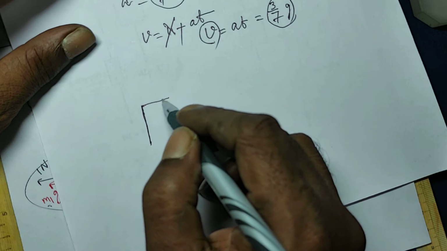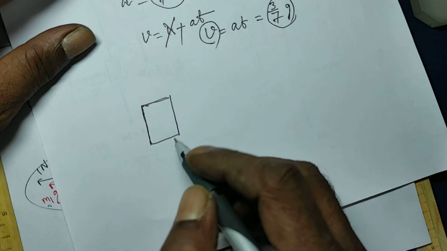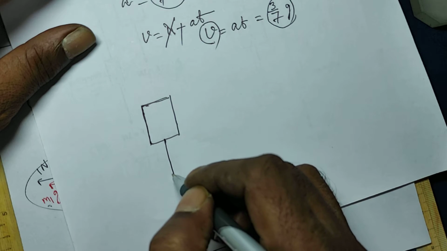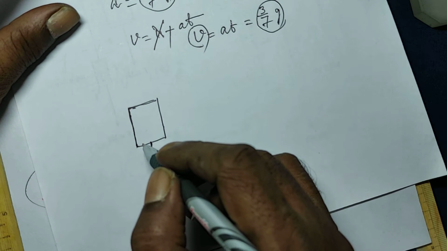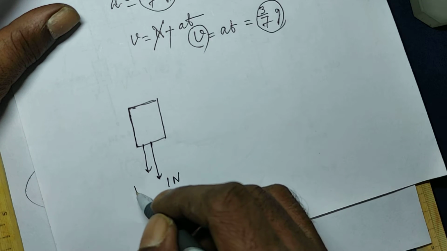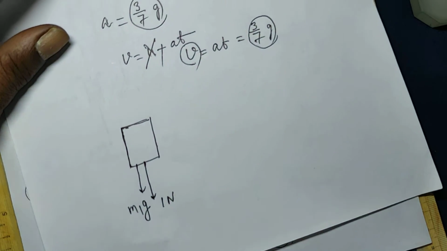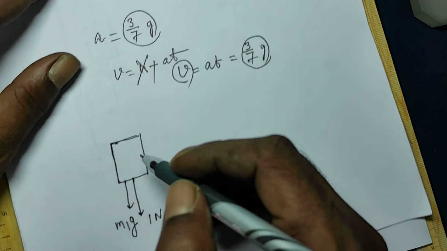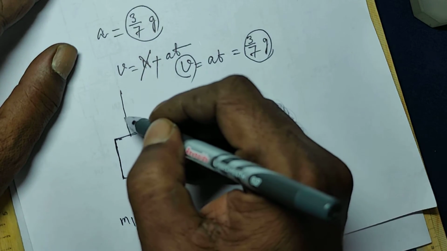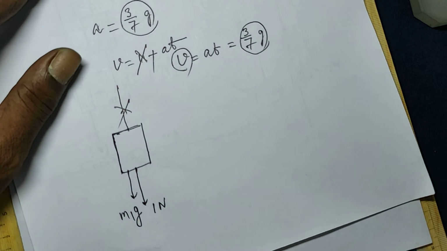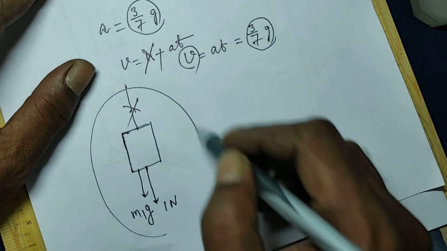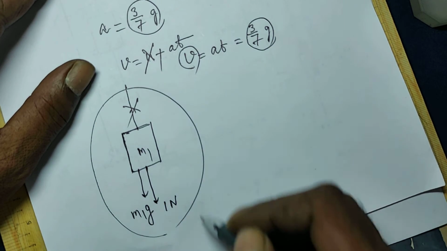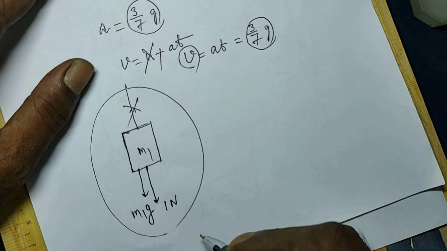The force acting on it, which is still acting, is 1 Newton, and its weight M1 times g. Now the tension in the string is no more there, so M1 is under the influence of the pull of the earth.